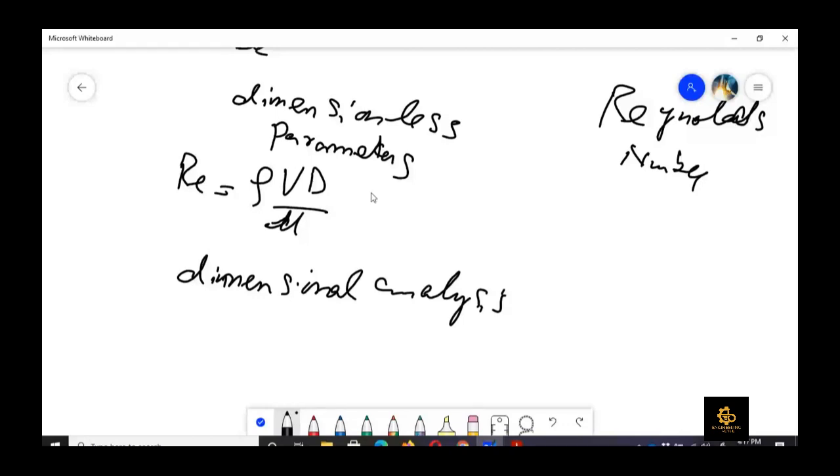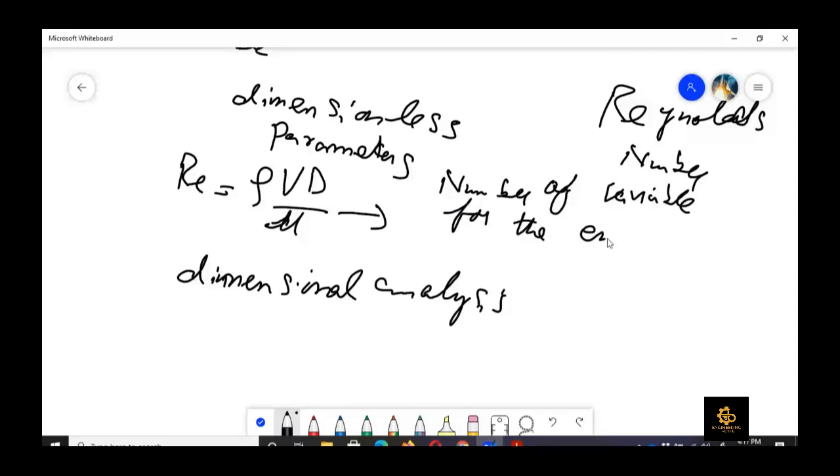The advantage of non-dimensionalization is twofold. One is that the number of variables for the experiments is reduced. Secondly, we can compare the results of an experiment conducted in one wind tunnel with experiments conducted in another wind tunnel having the same Reynolds number.